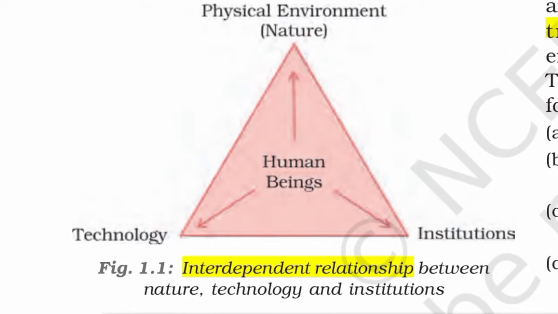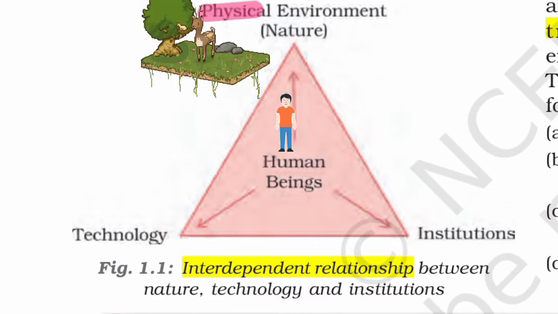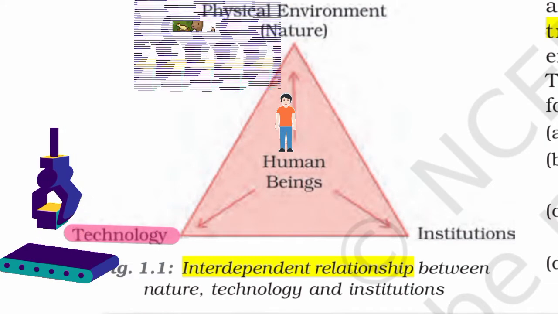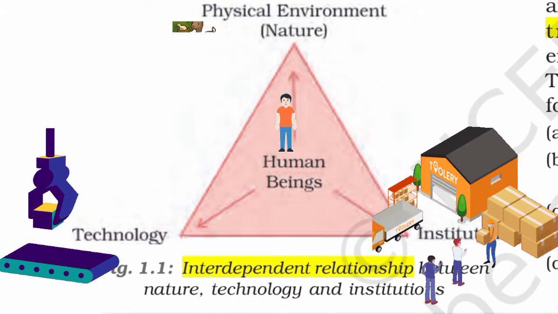Figure 1.1. This figure explains the relationship of human beings with the physical environment, that is nature, technology, and institutions.